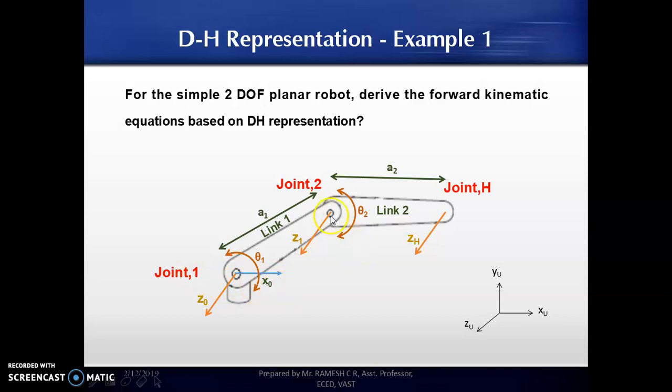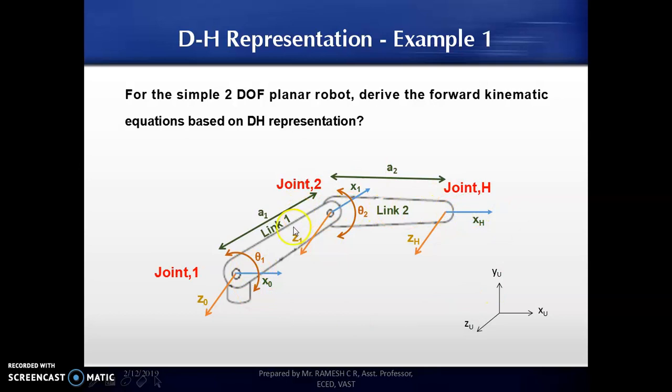Now coming to joint 2, the x-axis will be along the direction of the common normal between joint 1 and joint 2. Similarly, when we move on to joint H, the x-axis of joint H will be in the direction of the common normal between joint 2 and joint H.